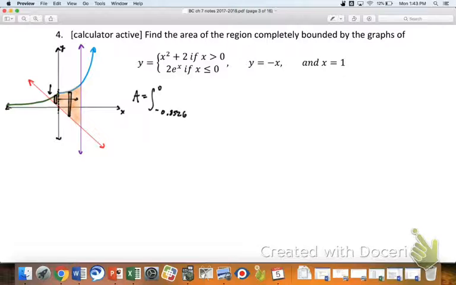On that interval, it would be the green curve, which is the exponential, minus the red line, which is negative x, and then dx, of course. So that would be that left little piece. And then for the right larger piece, we'd go plus the integral from 0 to 1.